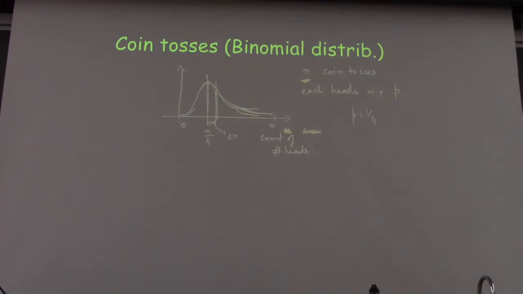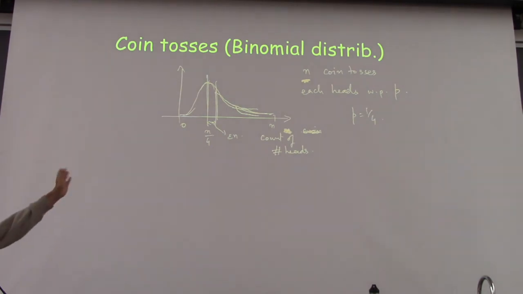Here I'm asking how many heads you get if you sample n different people. In expectation, you expect to see n times p. So your expectation is exactly n times p, and the question you're asking is, what's the probability that you deviate by more than epsilon n? What's the probability that your estimate is off by epsilon?